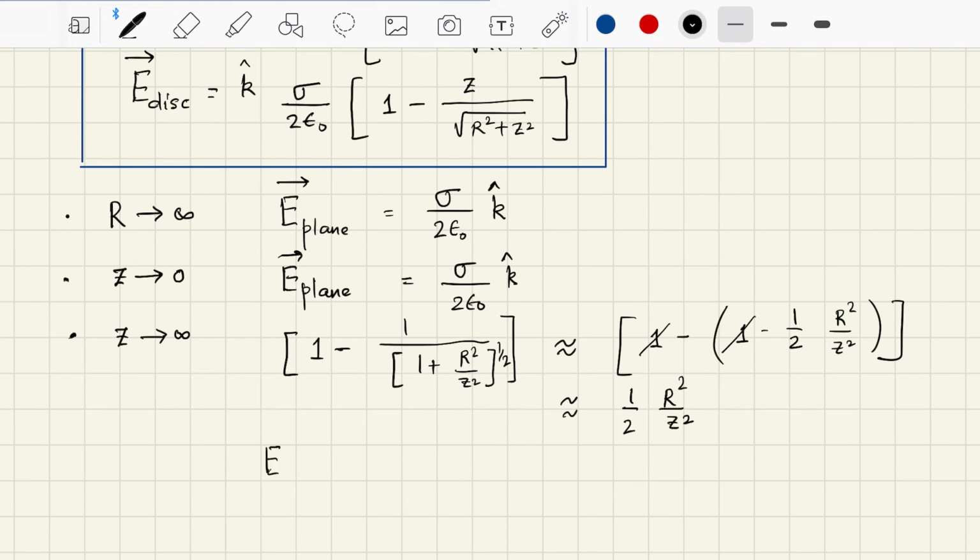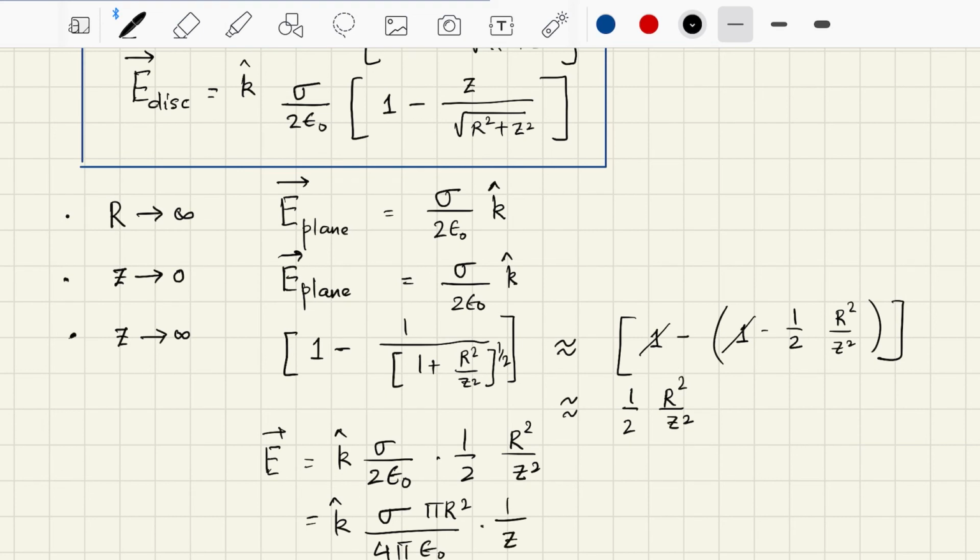E at very large distance becomes of course k sigma by 2 epsilon naught, half r square by z square. All you need to do is to multiply a pi upstairs, so this becomes 4 pi epsilon naught, and pi r square by 1 by z square.